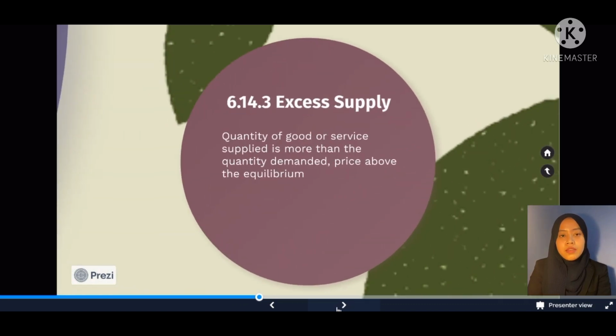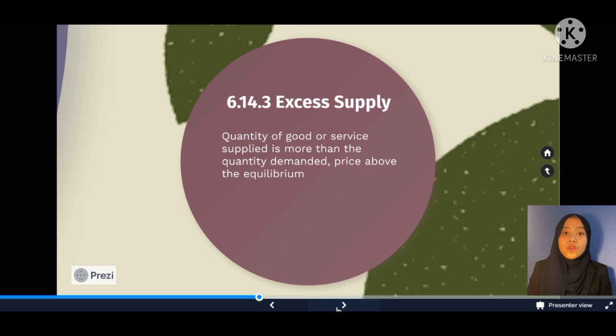Excess supply. Excess supply, or economic surplus, in a market is a situation in which the quantity of a good or service supplied is more than the quantity demanded, and the price is above the equilibrium level determined by supply and demand.